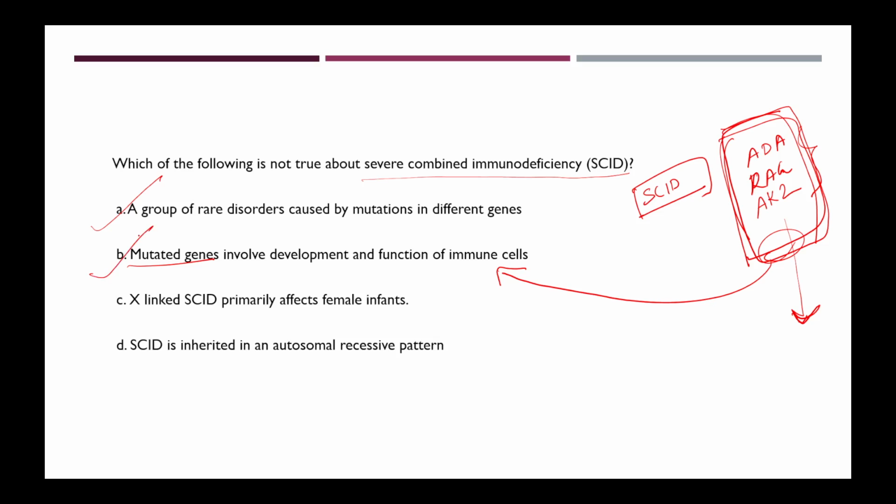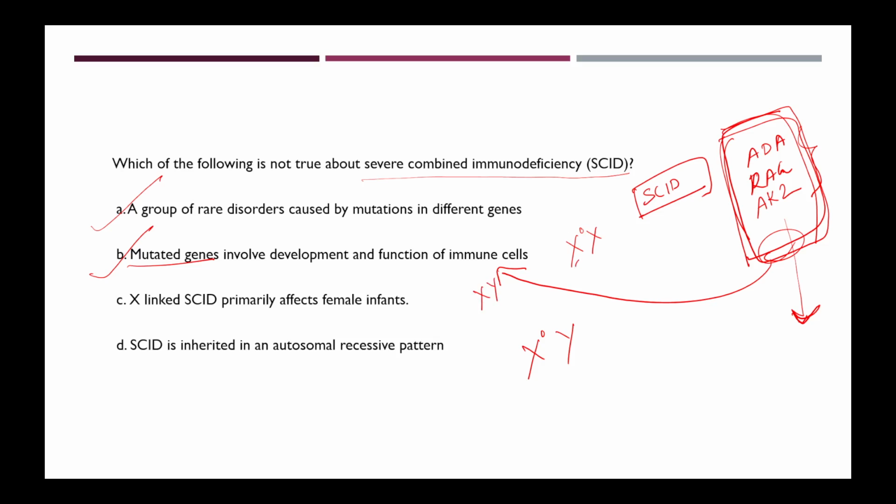Yeah, like these set of genes. Then third is, X-linked SCID primarily affects female infants. As it is an X-linked disease, its effect will be in the male progeny, right? Because the X and Y, from the mother carrier, it has taken.